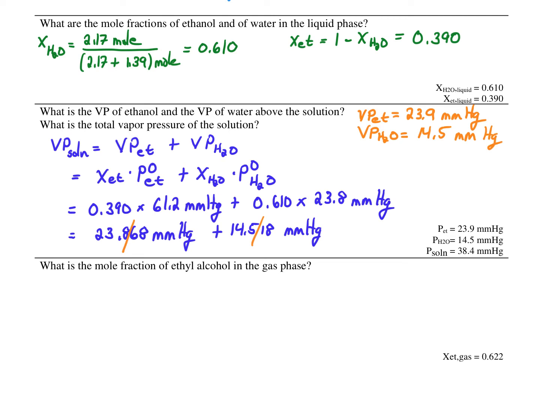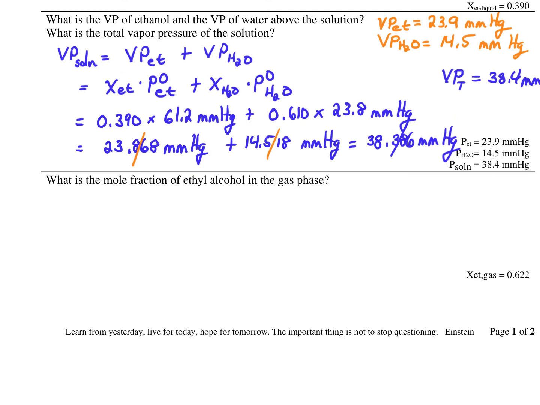We'll go back to our unrounded values to get a total. And this would be 38.386. We can go to the tenths place, so our total pressure is going to be 38.4 millimeters of mercury.